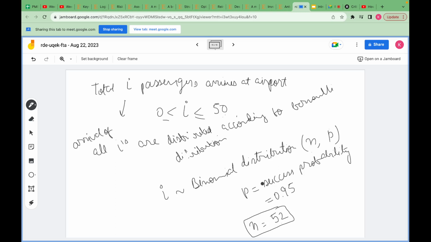The capacity is only 50, and the tickets are 52. So when we say that I is binomially distributed, for the parameter n we are not considering 50, we are considering 52, because 52 passengers bought the ticket.